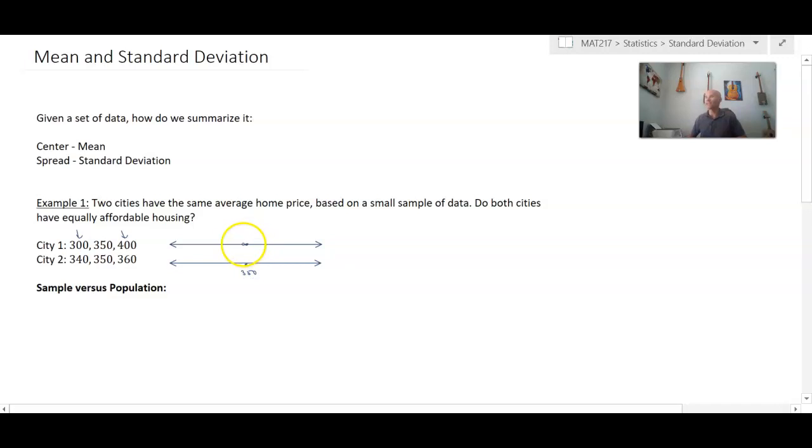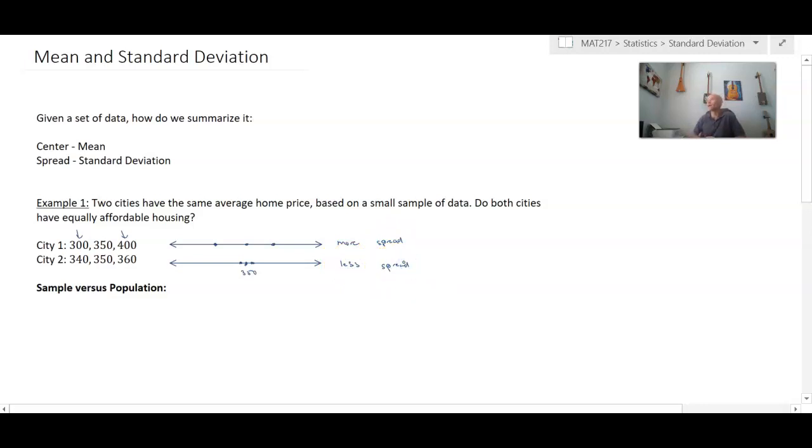But then City 1 has these house prices over here at 300 and 400, whereas City 2 has house prices of 340 and 360. So we can see that there's more spread in the house prices in City 1, and there's less spread in City 2.